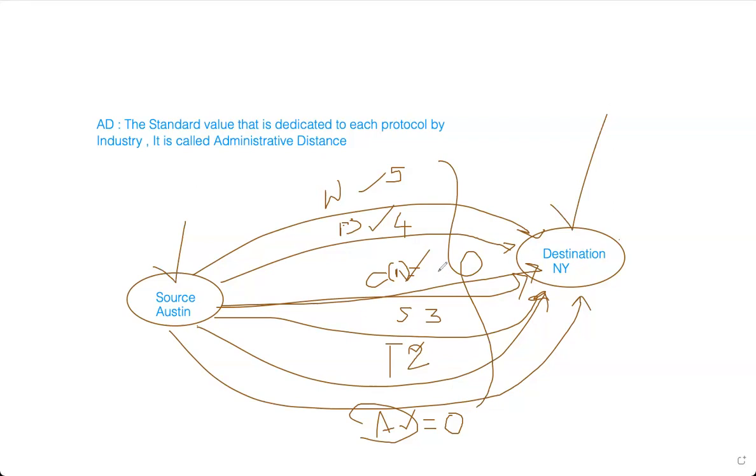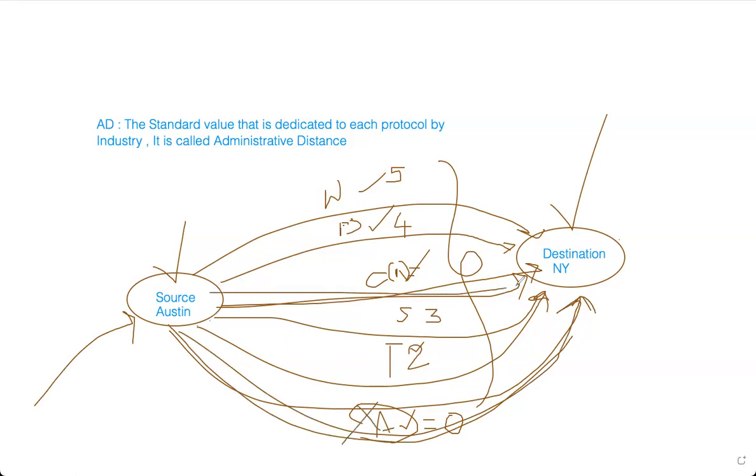So automatically, when a new person comes in, they say, hey, the administrative distance to go via airplane is 0, so you choose the airplane path. If the airplane path is not available, let's choose the car path. So the industry had defined different levels for different protocols.